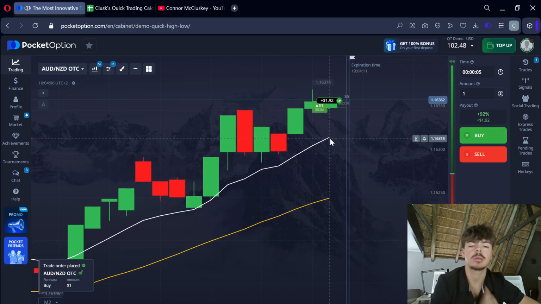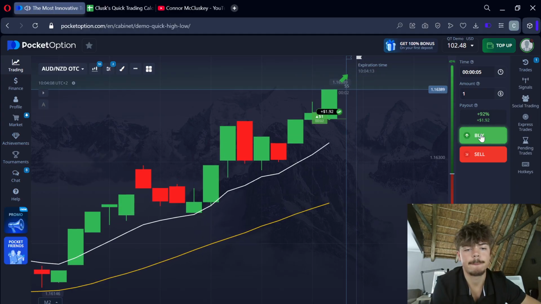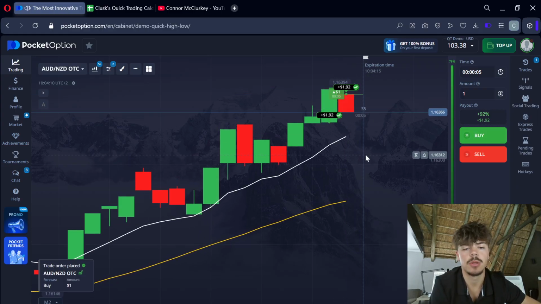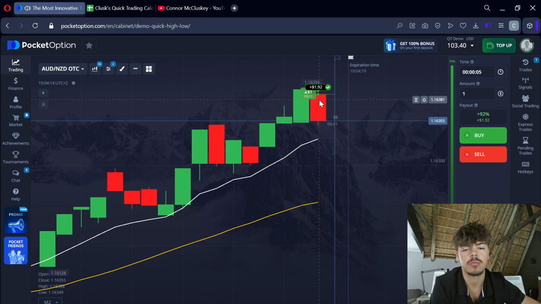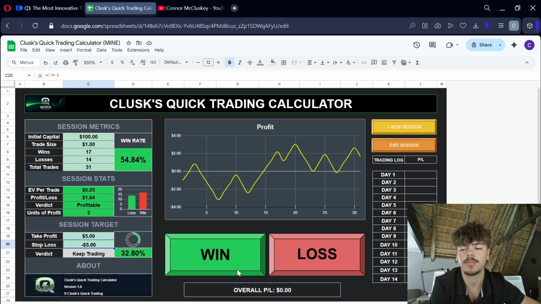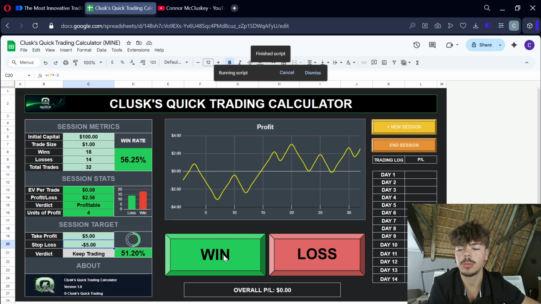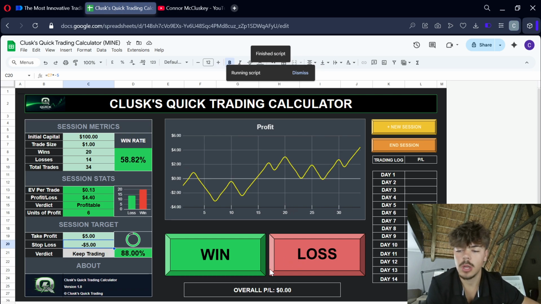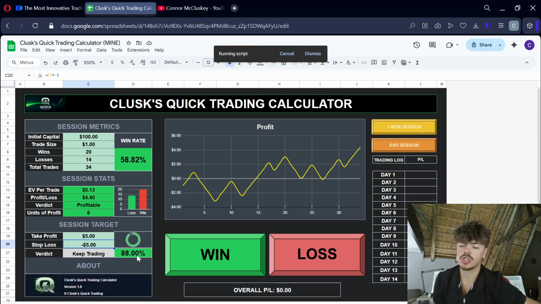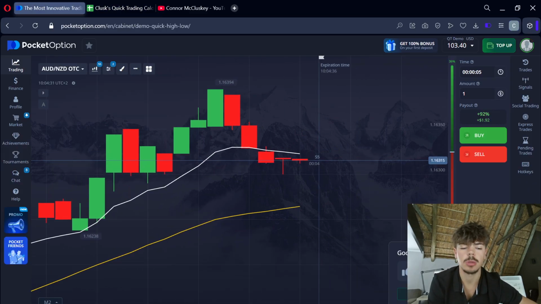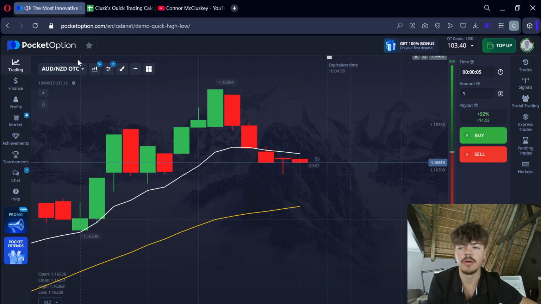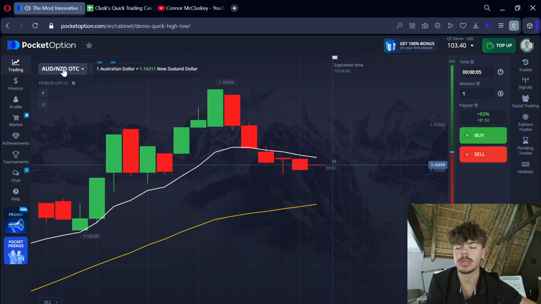There's 2 wins. 3 wins. 3 wins and 1 loss. So 1, 2, 3 wins and 1 loss. So now we are pretty much, let's see, 68% of the way there. So we're going to keep going and see how far we can get this towards our take profit.